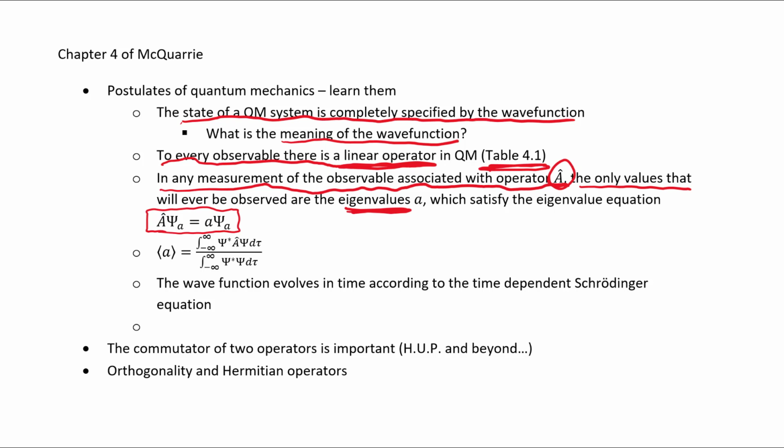The second piece is associated with the case where we might not have a definite value of A, in which case we can calculate the average value of A, and this is often called the expectation value, but more simply it's the average.